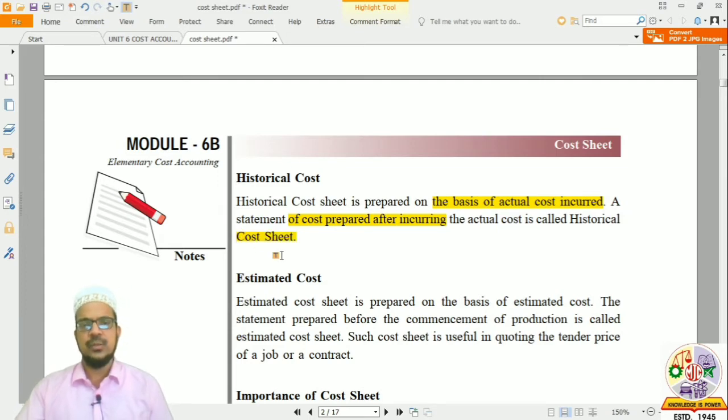So here the production is already done, the cost has already been incurred, and now to ascertain the cost we are preparing a historical cost sheet.